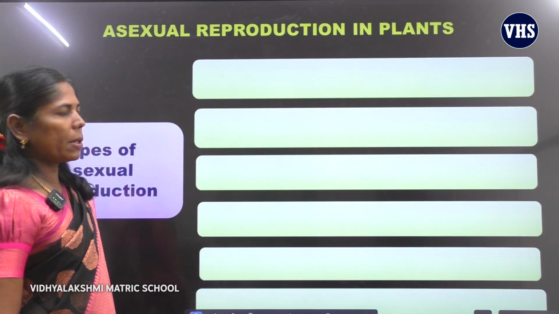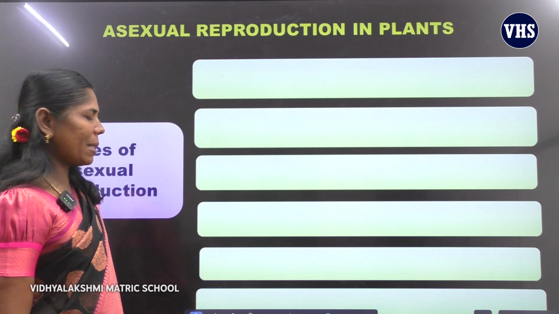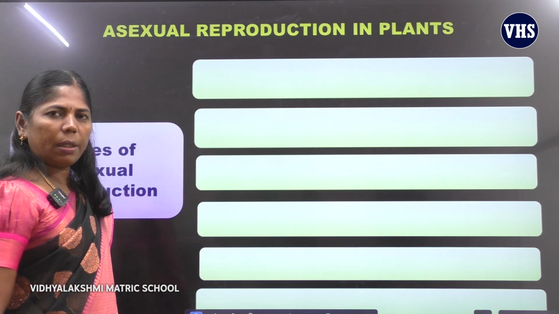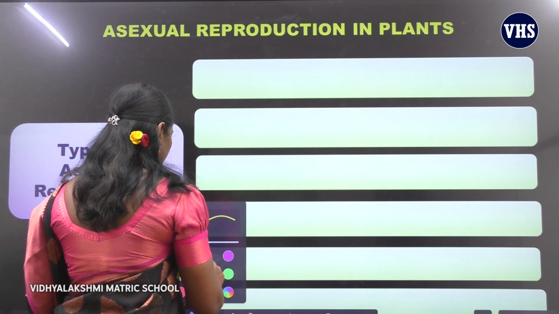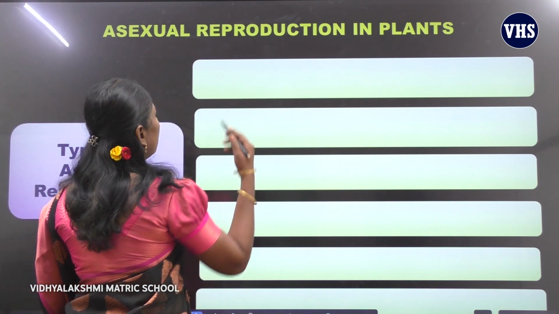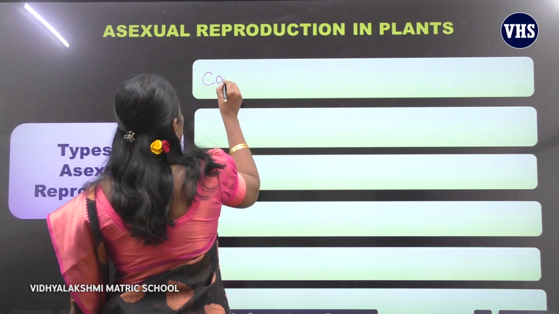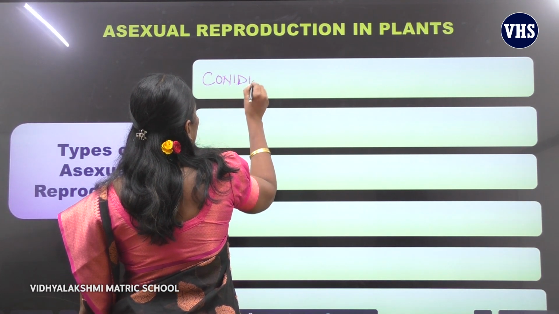So what are the types of asexual reproduction? I already said in the introduction topic, I had told you which are the asexual reproductions. So number 1, conidia formation.